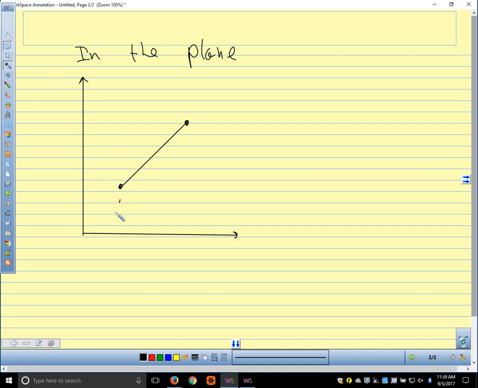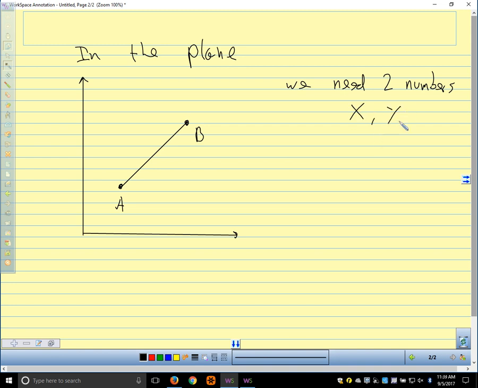And I'm going to say that's point A and point B. In the plane, we need two numbers for my midpoint. We need an X and a Y to talk about my midpoint. Well, what we're going to do is find the average of the X's and the average of the Y's to find the midpoint.